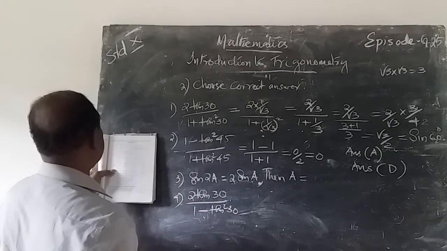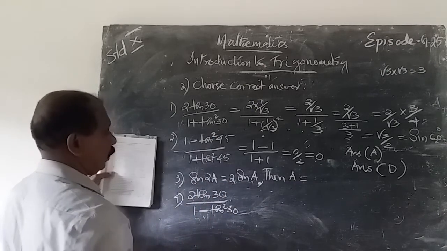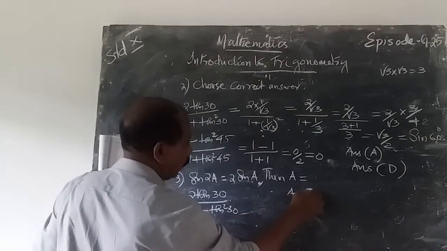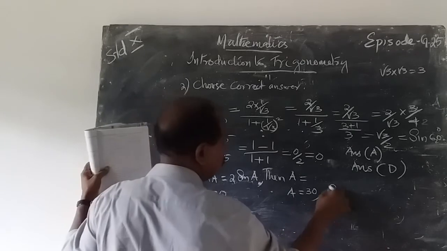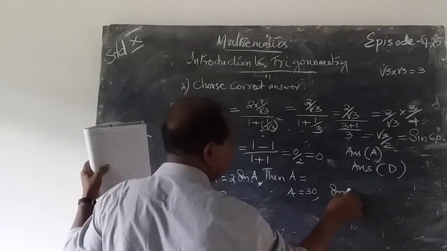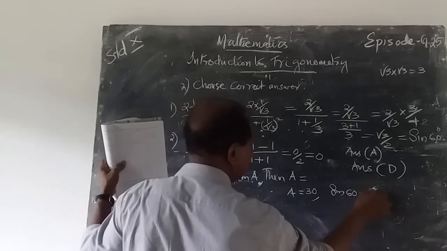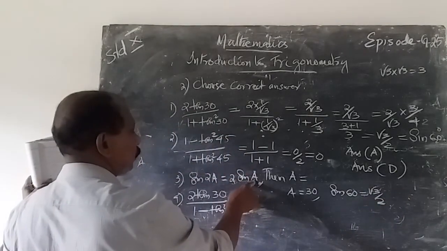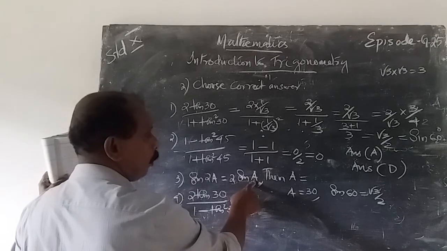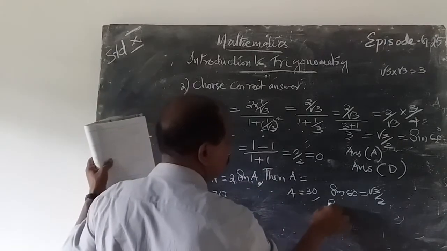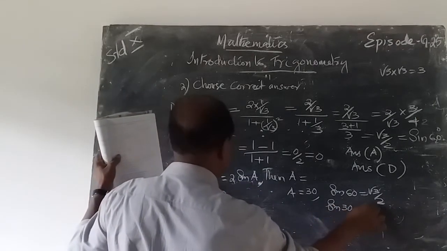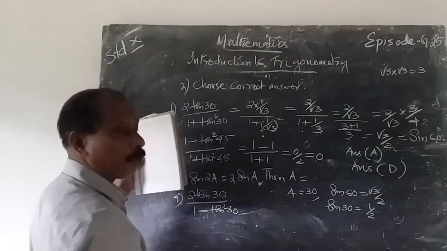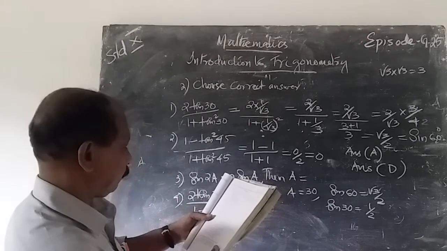Then the second answer, 30 degree. That means A is equal to 30 degree. Sin 2a means sin 60, root 3 by 2. Then sin 30 is 1 by 2. Therefore 2 sin 30 is 1. They are not equal. Therefore it is not 30 degree.